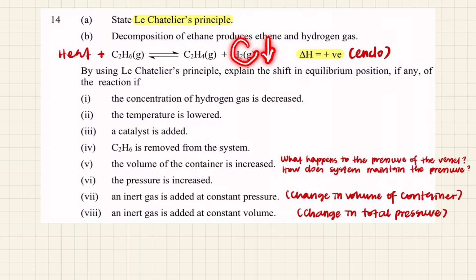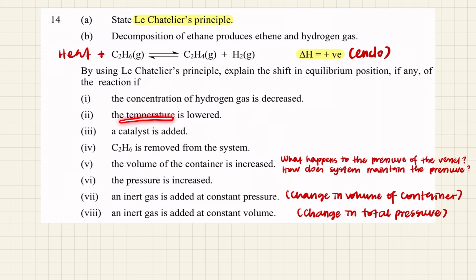So, what are we going to do? Kita akan shift ke kanan ke kiri. Untuk buat lebih banyak H2, kita akan shift ke kanan. Okay, so the answer will be right. So, when the concentration of hydrogen gas is decreased, the equilibrium will re-establish to increase the concentration of hydrogen gas so that the equilibrium moves to the right.